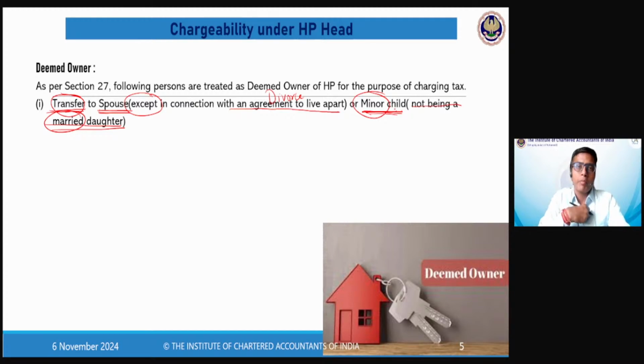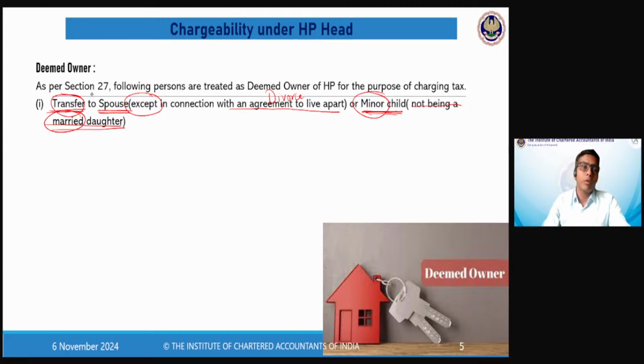Because had the property been in your hands, you would have paid tax at the highest rate of 30% because you're already earning income from various sources, because of which you are in the highest tax slab. But what you did, to reduce your tax liability, to evade your tax liability, you shifted these properties to others like your wife, to your minor children, so that that much income cannot come to tax and it can be evaded.